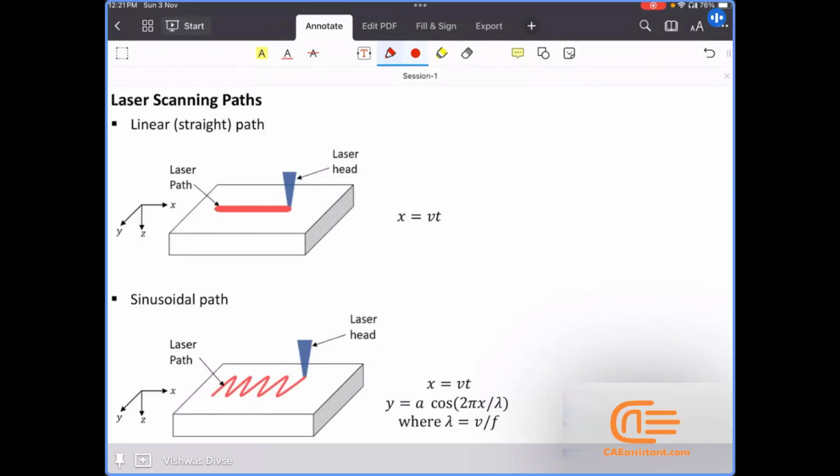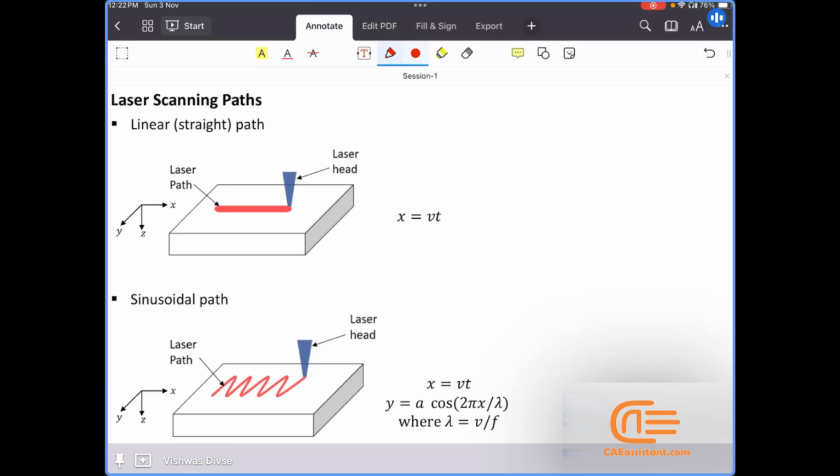If the laser heat source is moving, it can move in any path. Again, the user will decide what kind of scanning path he wants. The most famous is definitely a straight or linear path. But mathematically, and even practically, sometimes it is feasible or required to move your laser in a certain path.